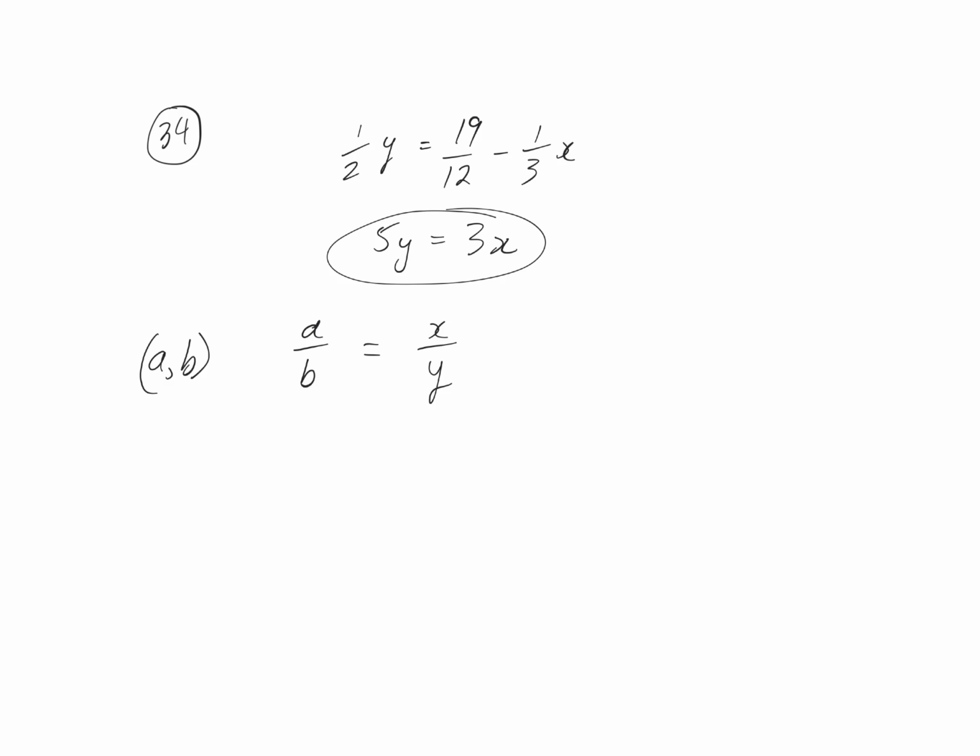So no matter what x and y are, this relationship is going to be true because it is a solution to both equations. So x is actually equal to, well, I divide by 3, and I divide by 3, x is equal to 5/3 y. So I can write 5/3 y instead of x over y. The y's cancel, and I get 5/3, and that is the answer to the question, 5/3. Very fast.